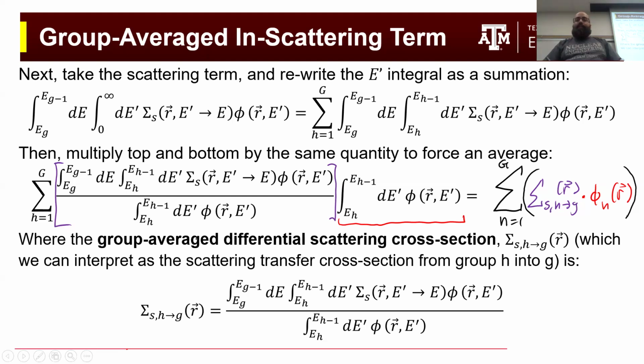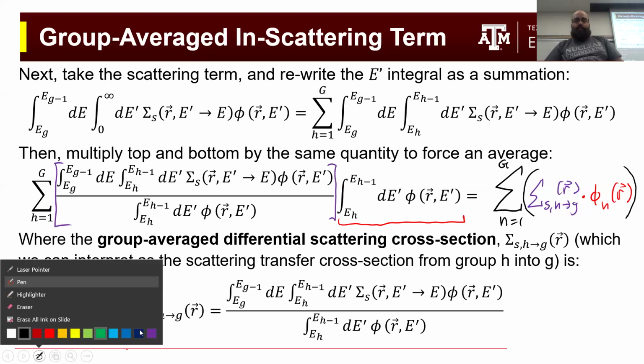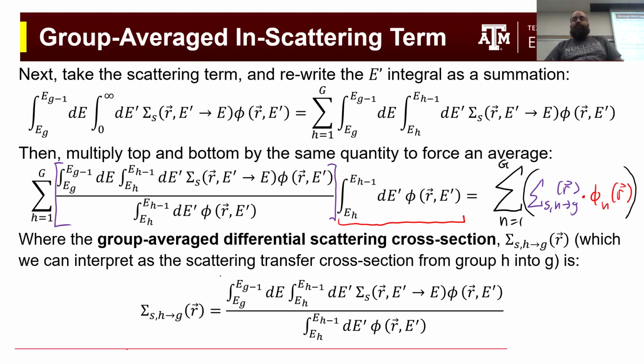And so by definition, the group differential scattering cross section is this integral right here, which is what I had in the brackets up there. Sorry about that little typo, but hopefully that makes sense. And so this right here is what my scattering rate density term is going to look like.